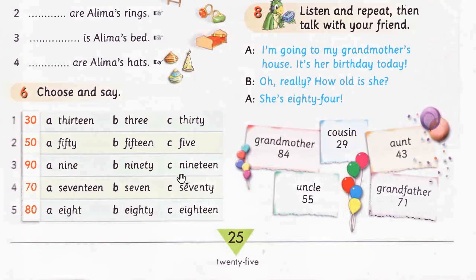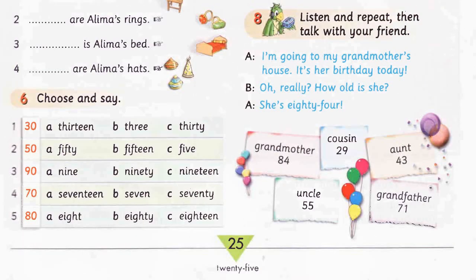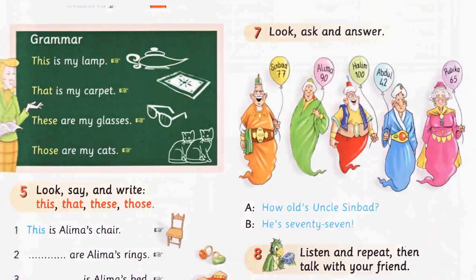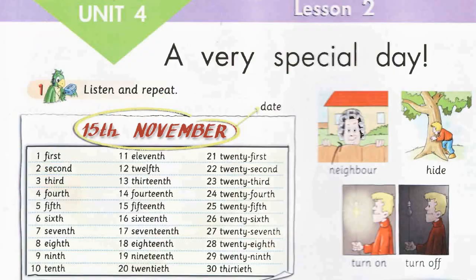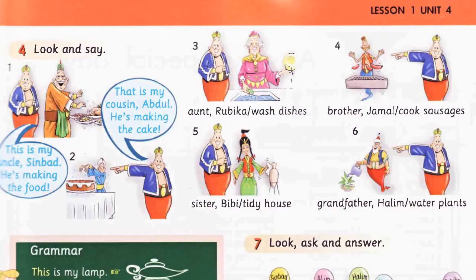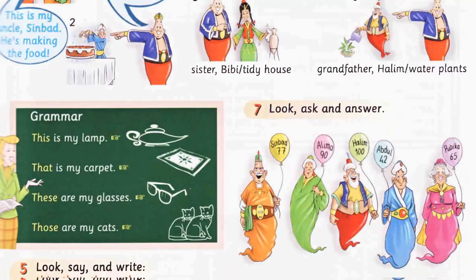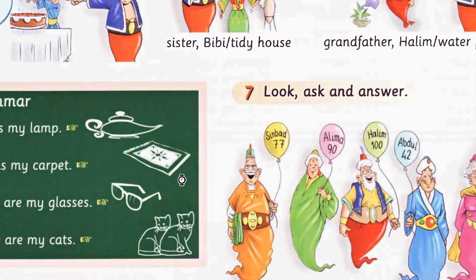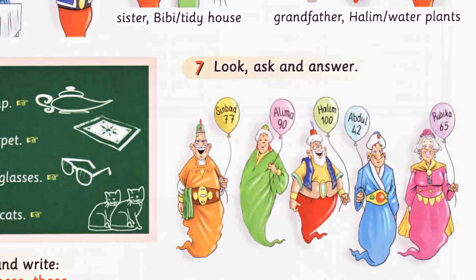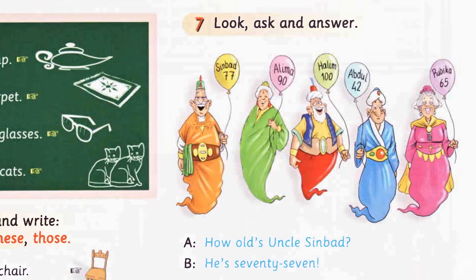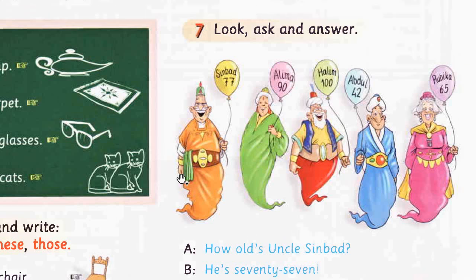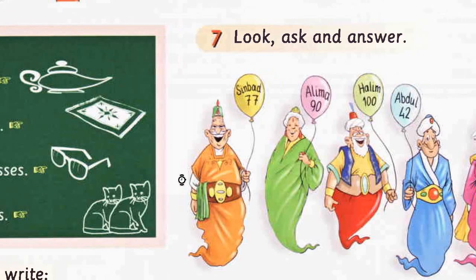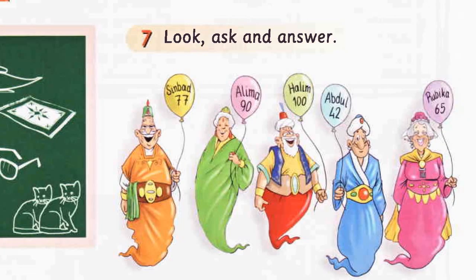Okay, so now you understood the numbers very well. We want to move to another part. And let me see. Oh, I jumped another page. Okay, here, exercise number 7. So go to exercise number 7. And we want to do another exercise. Look at the pictures here.